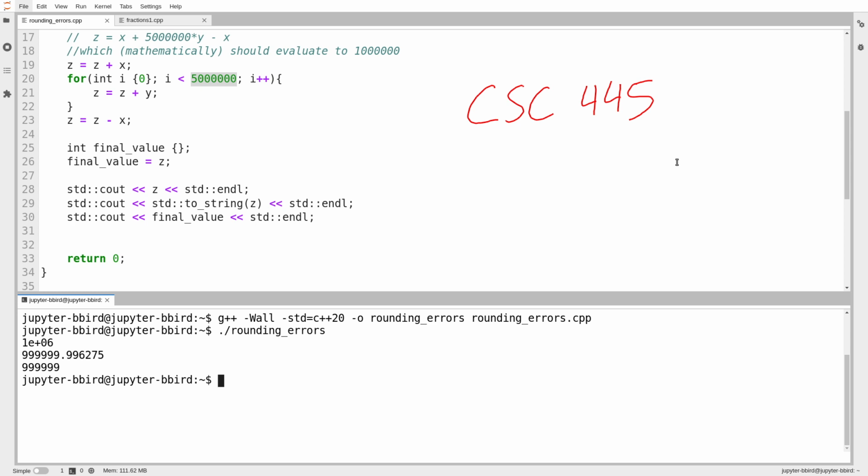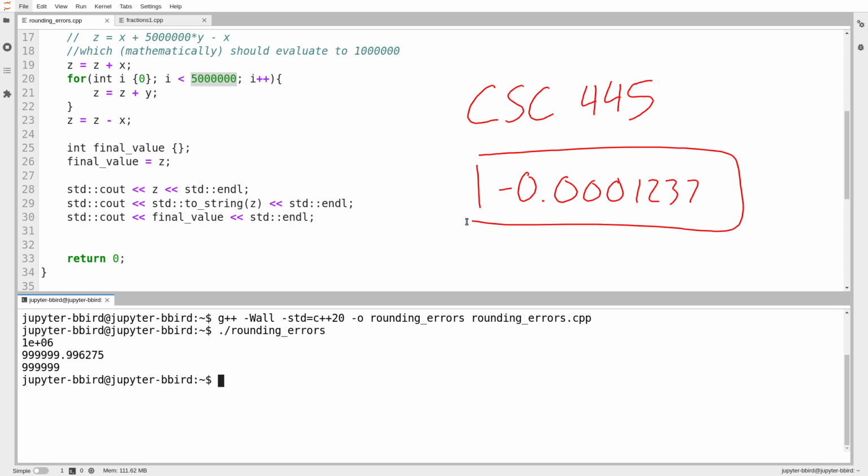And when these errors pile up, you can end up with a number that mathematically is supposed to be equal to 0, but ends up looking sort of close to 0, but not actually 0. So mathematically, this might be supposed to be 0, but the errors pile up and it's a little bit negative. And that can make a big mess in the context of, for example, a linear programming solver like we would write in CSE 445. Now that's whatever. Go take that course. It's lots of fun if you want to know about that stuff.